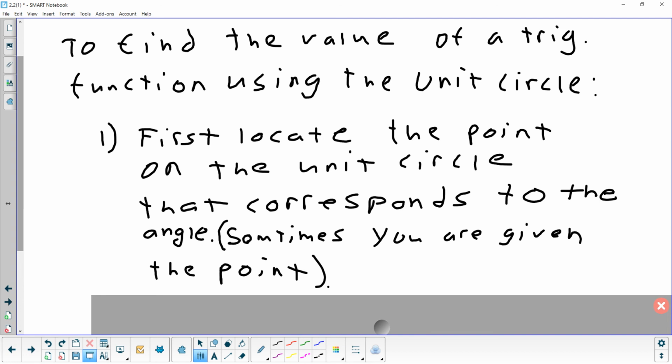Sometimes you will, sometimes you won't. It depends on the problem. So locate the coordinate on the unit circle that represents your angle.